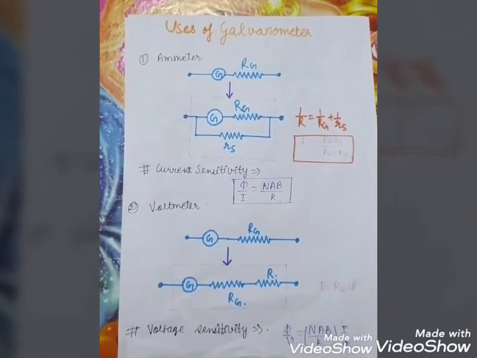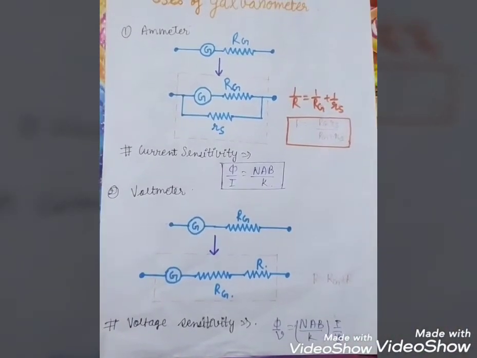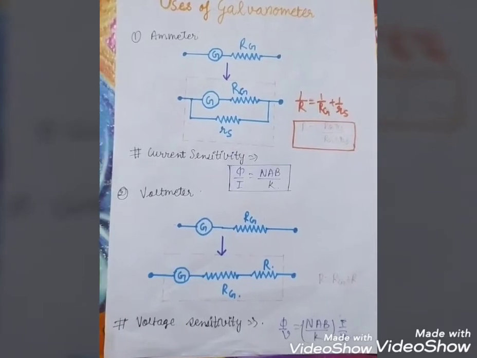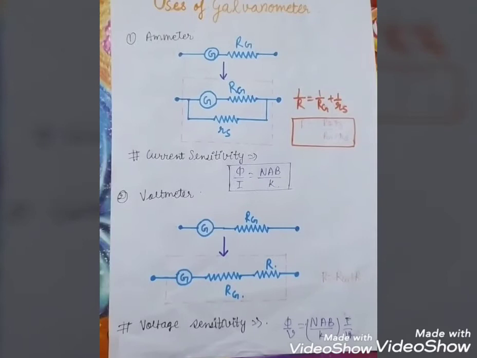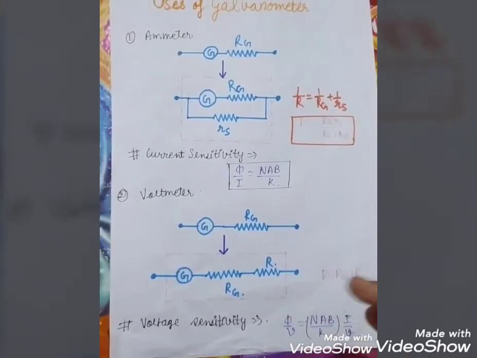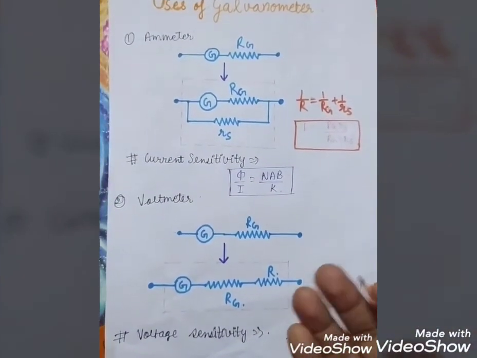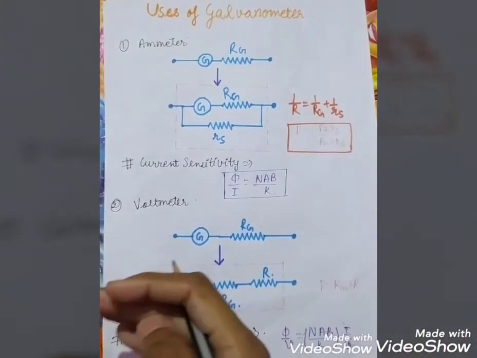So what happens if I connect this galvanometer in series with another device? As the resistance of this galvanometer is already very high, if I connect it with any other device, the value of current will be affected due to such high resistance, and we will not get the value of current that it was previously.